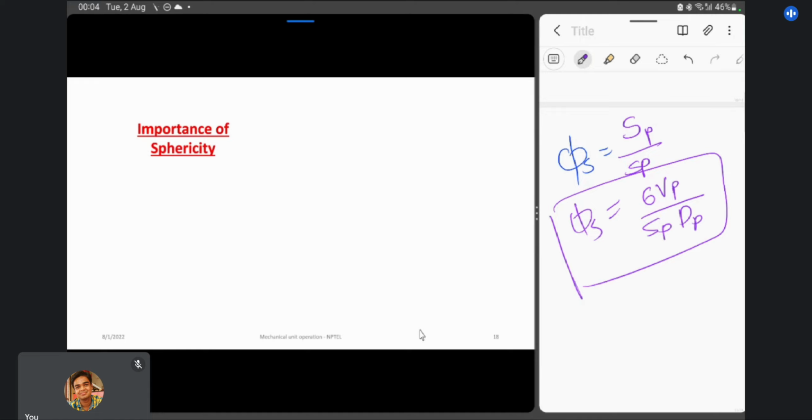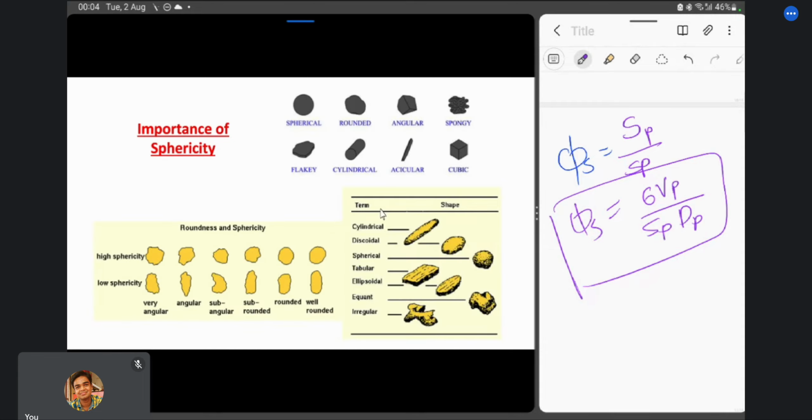Now, what is the importance of sphericity? As I already discussed, in order to design processes and unit operations, you need to take care of the different physical properties of the materials. Our particles differ very much in shape and size.